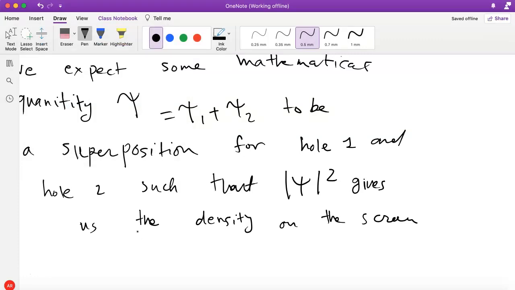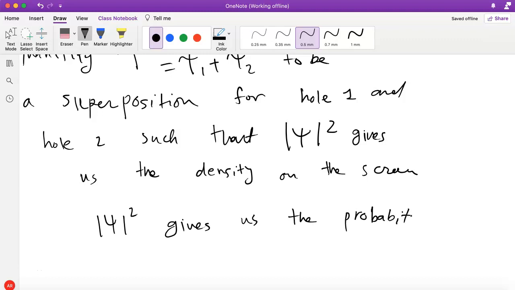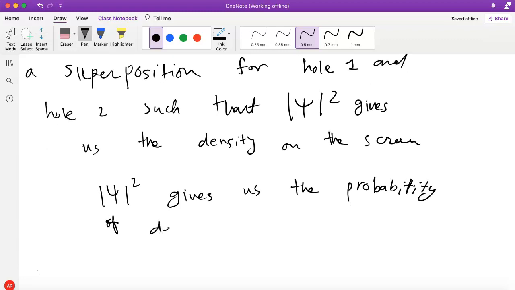So that's the probabilistic nature of quantum mechanics, largely due to Max Born. We talked about how psi squared gives us the probability, in this random process, of detecting a particle.